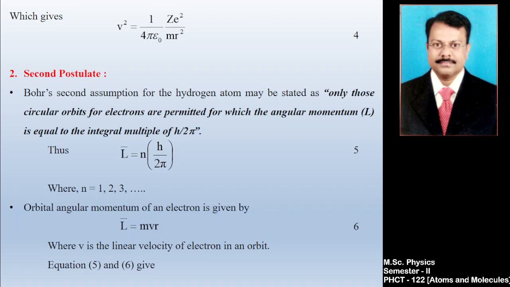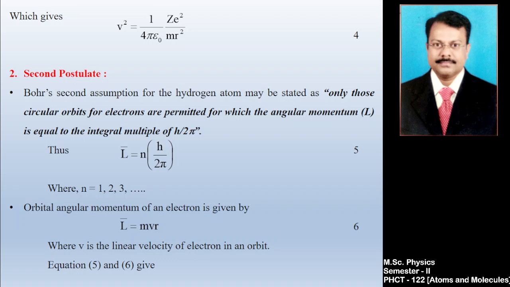Now the second postulate. What is the second postulate? Bohr's second assumption for the hydrogen atom may be stated as: only those circular orbits for electrons are permitted for which the angular momentum L vector is equal to an integral multiple of h upon 2 pi.